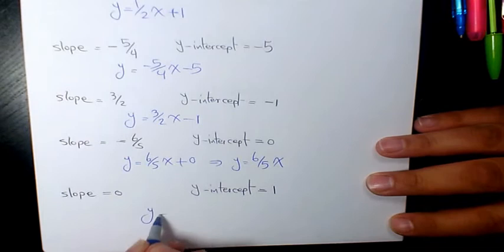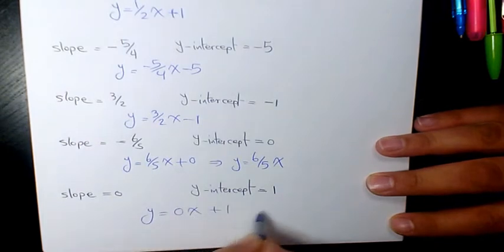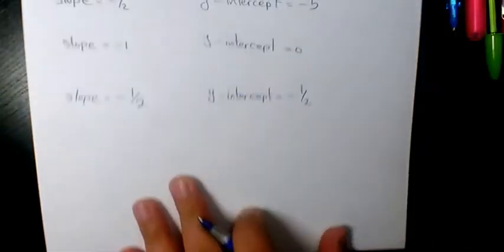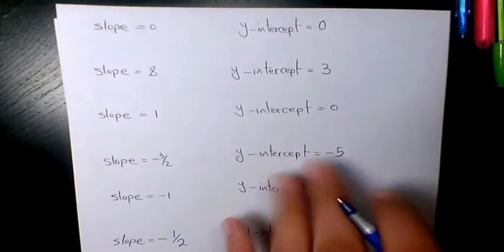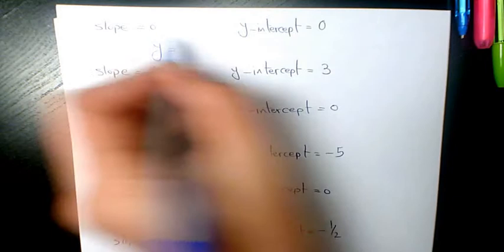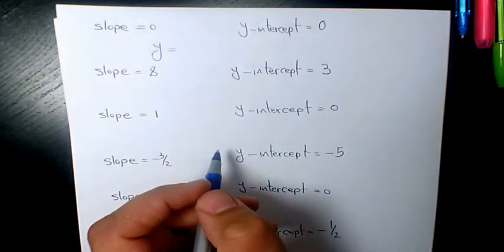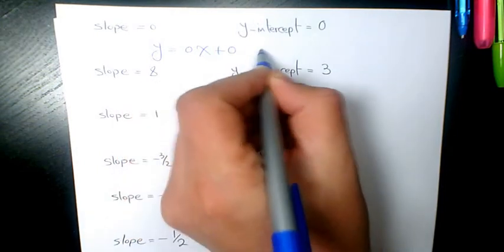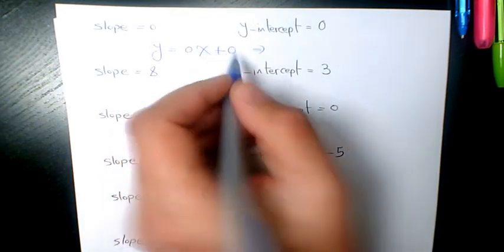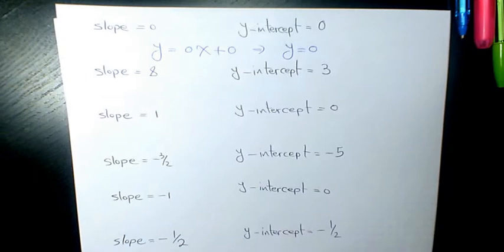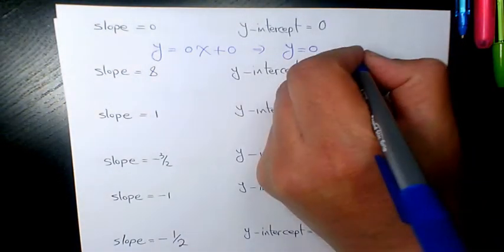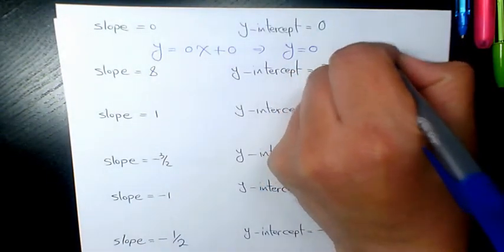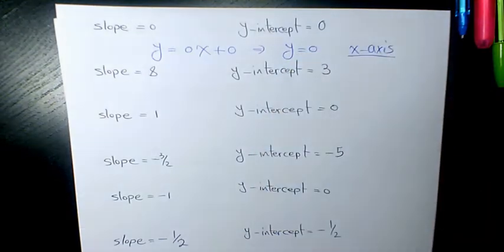Next one, we have 0 times x plus 1, which will be y equals 1. Next one, slope is 0, y-intercept is 0 as well, so it's 0 times x plus 0. 0 times x is 0, 0 plus 0 is 0, so it's going to be y equals 0, and y equals 0 is the x-axis.